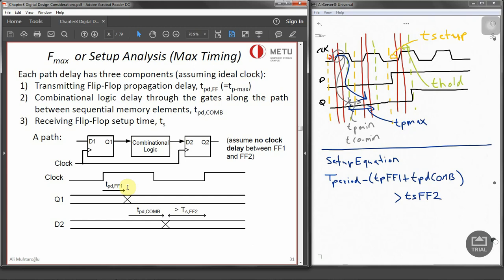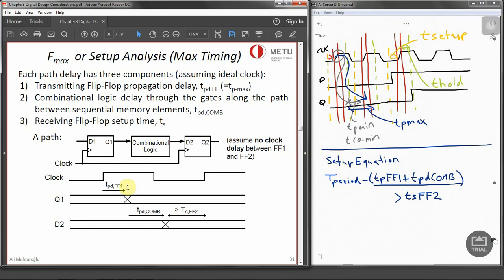Now, the total of flip-flop 1 propagation delay and the combinational logic, when we subtract it from the complete period or cycle of the clock, has to be greater than the setup time, otherwise we'll have a setup time failure. So we can say that if the input to a flip-flop doesn't stabilize in time before the rising edge of the clock, we have got a setup violation.